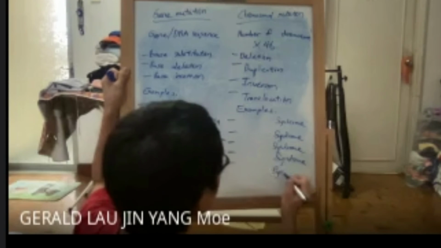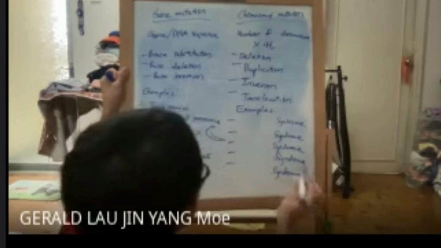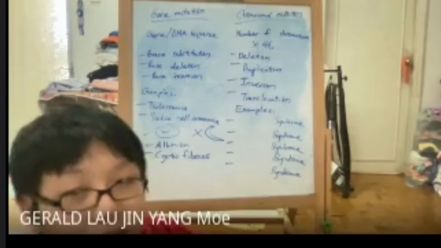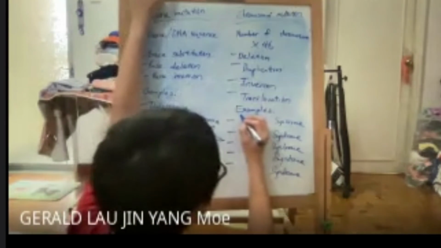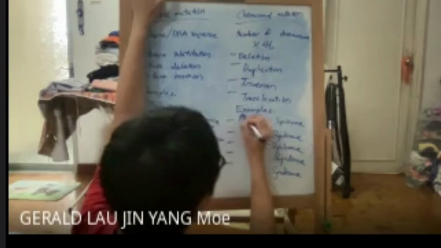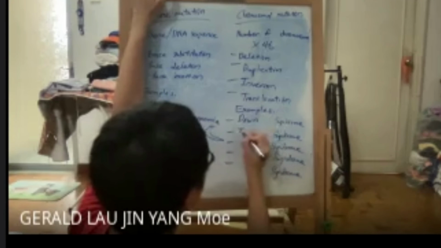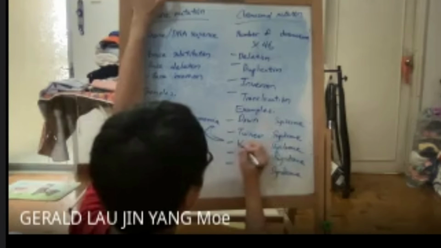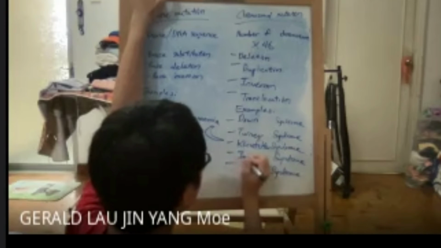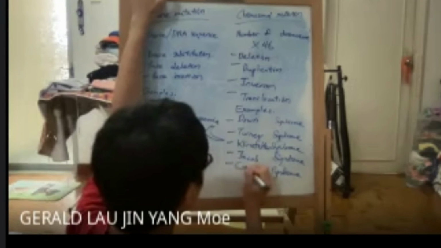You akan pilih chromosomal mutation. Okay? So, the first one we have is, what is it called already? Down syndrome, Turner syndrome, Klinefelter syndrome, Jacob syndrome, and Cri-du-Chat.